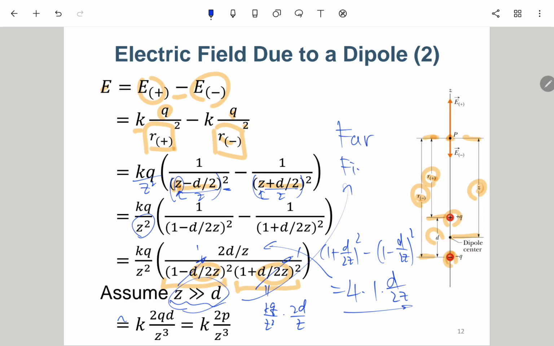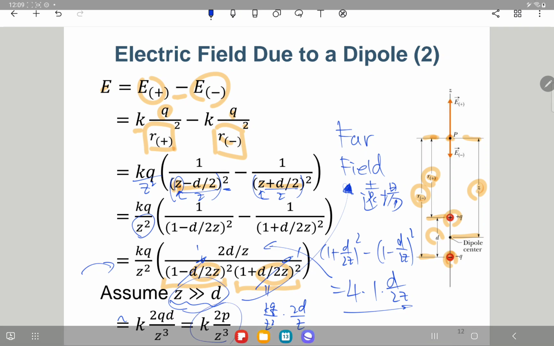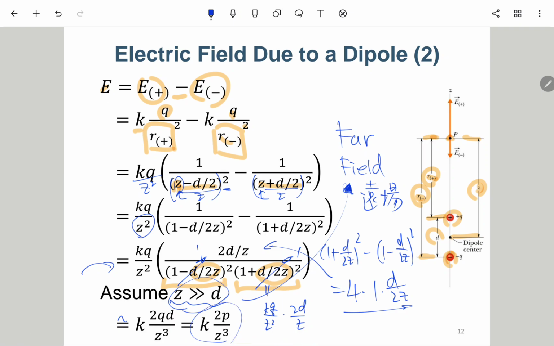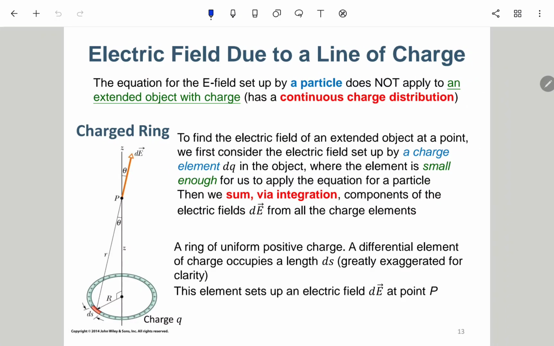Far field, 中文叫做远场。因为远的话，通常就可以做一些简化，而且它原来的话通常会比较规律。那近的话就是会比较乱一些，比较没有那个规律，所以如果没有这个近似的话，那个式子就会看起来比上面复杂很多。但是如果假设了 z 远大于 d 之后，就剩下一个比较简单的结果。Okay, so next we try to consider a more complicated case.